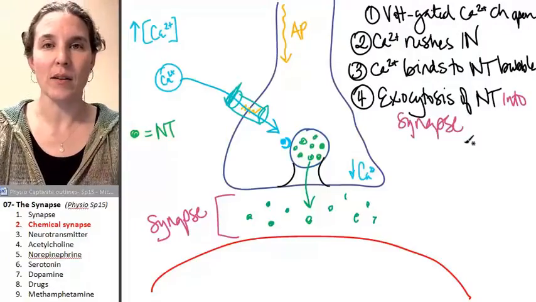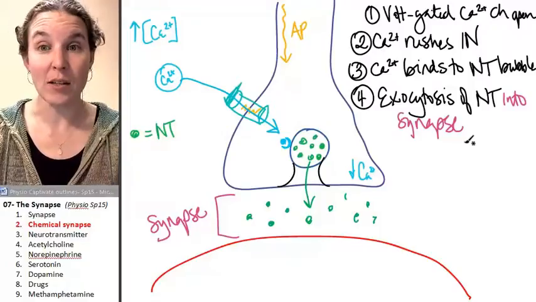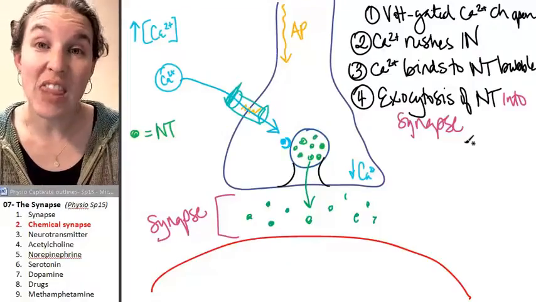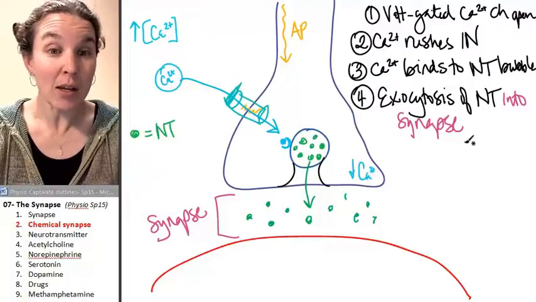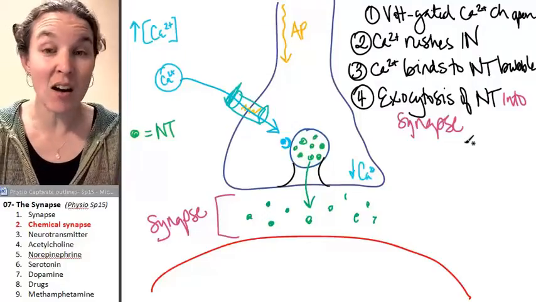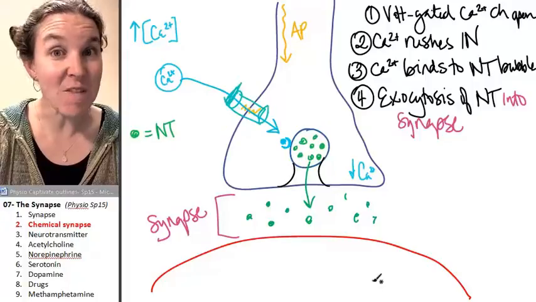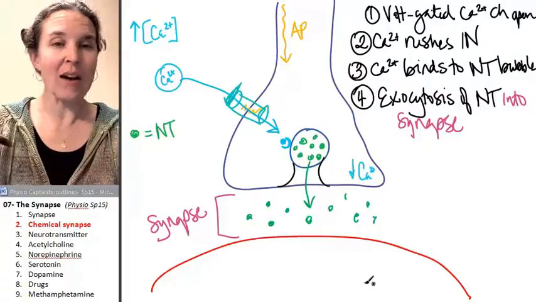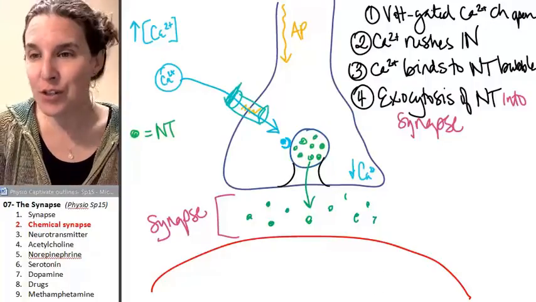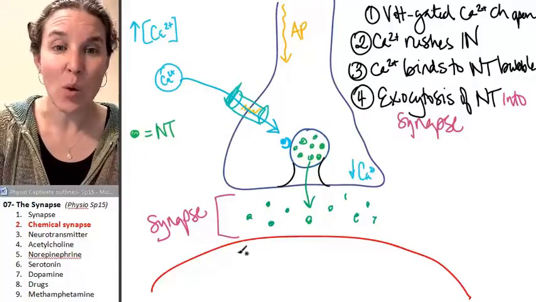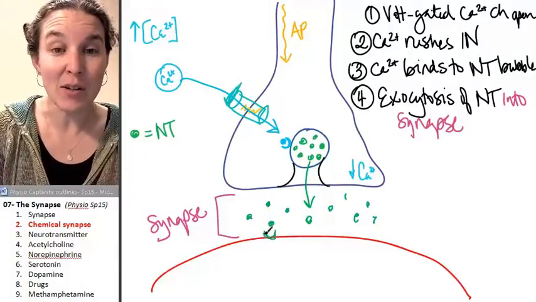Now what? Well, my friends, all sorts of things can happen. Truly, depending on the neurotransmitter and depending on the effector, we could have a myriad of different options. First of all, in most cases, we will have a receptor.